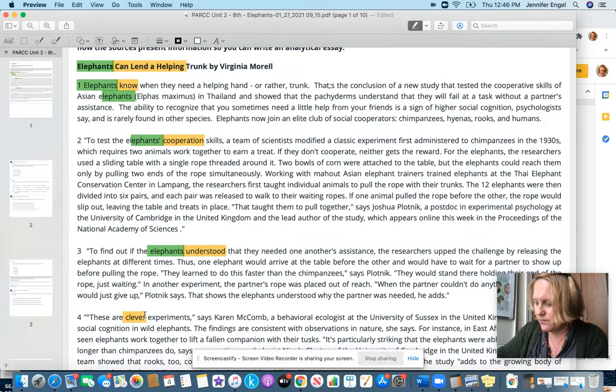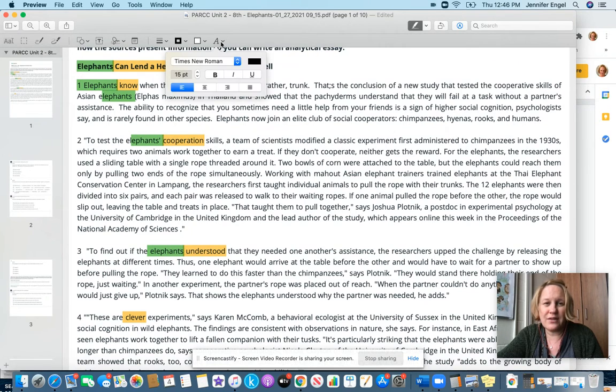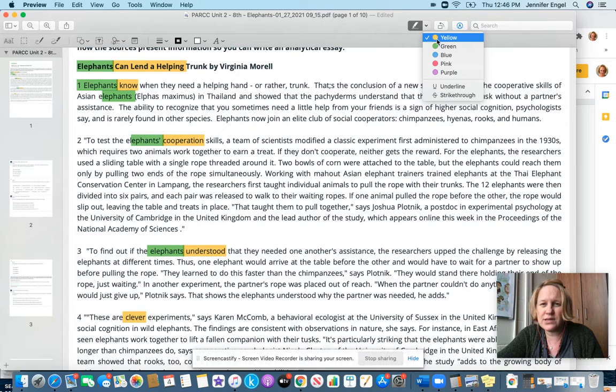They know. Now, if I'm taking a standardized test, I can't really do this. But when I'm just practicing for a standardized test, well, look at this. First of all, if I am taking a standardized test, what I can do is I can look for something called context clues. If I don't know what the word cooperation means, the word elephants is also very similar to the word here, two animals.